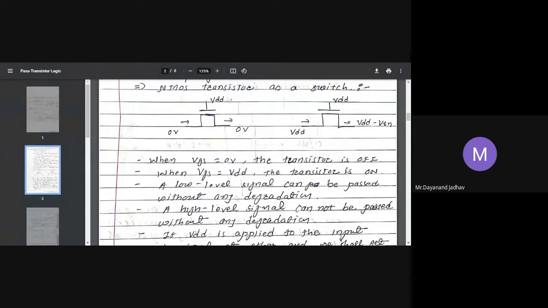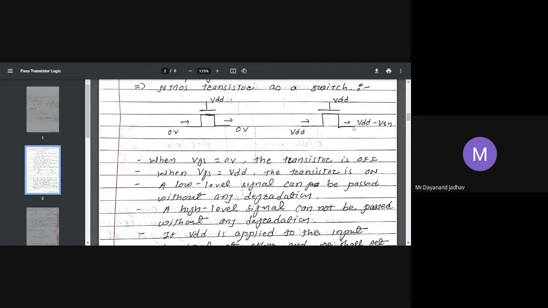So when we consider NMOS as a switch, if VGS is equal to 0 volt, the transistor is in the off condition, and if VGS is equal to VDD volt, then the transistor is in the on condition. Keep in mind this is the working of that transistor.